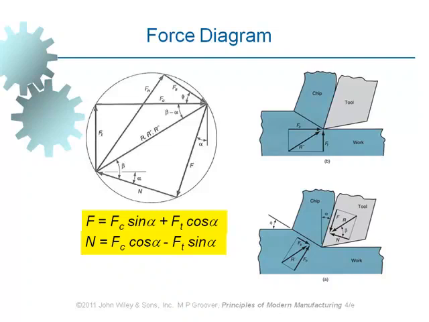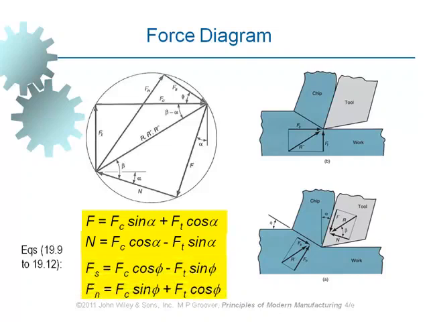Right? So, if we can draw a figure like that, where the length and direction of each vector represent the orientation and also the magnitude of each of the forces, then we can relate the magnitudes of F and N, and also Fs and Fn, to Fc and Ft. These are the ones that we can measure. Rake angle alpha and phi can also be computed, as we just did by making use of those equations.